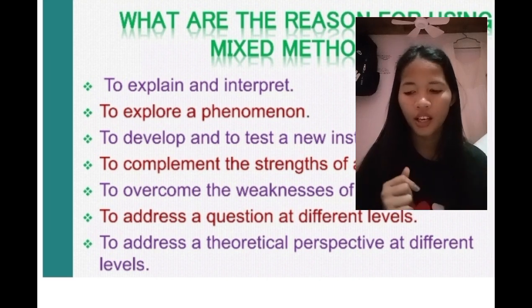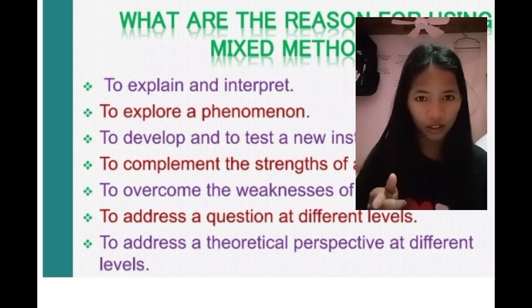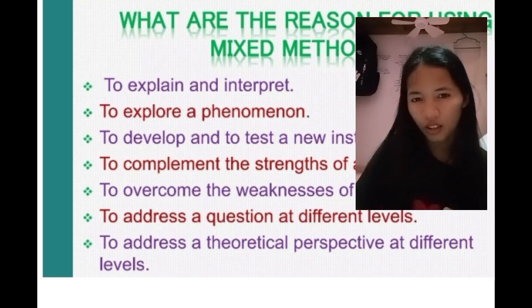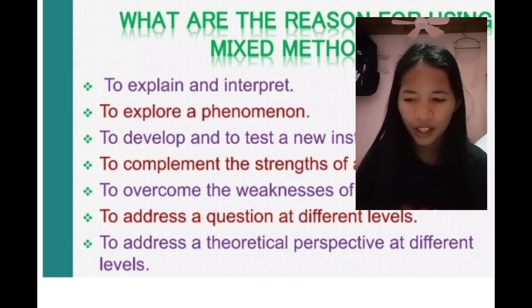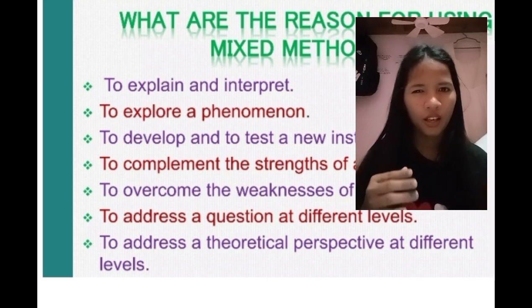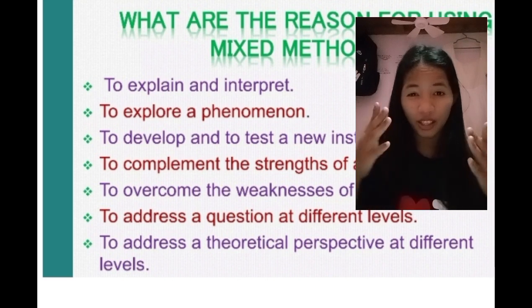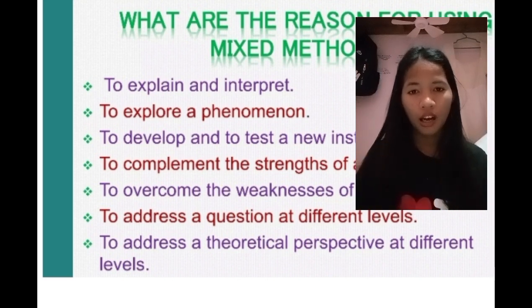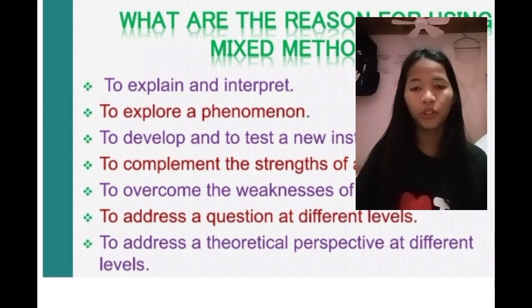And the next is to address a question at different levels, because if your study is quite general, you cannot ask a question that involves the other research design if your research design is just mainly quantity or quality, right? So you need to incorporate this mixed methods research design.